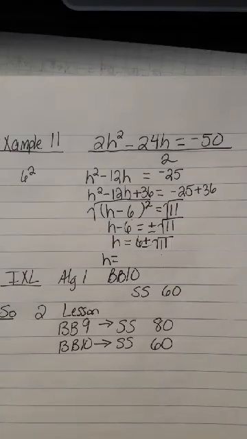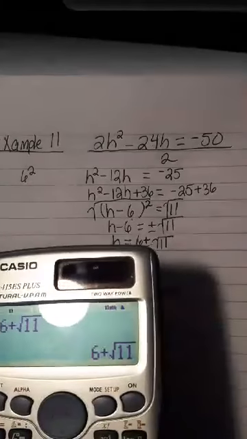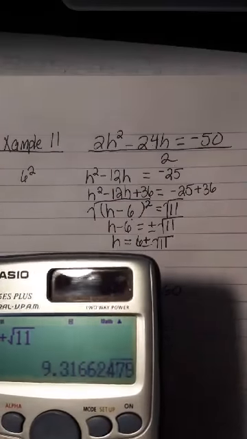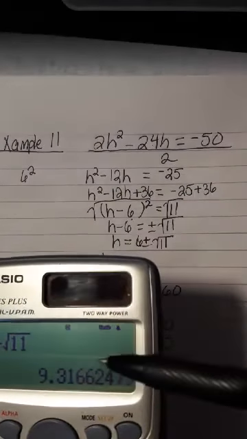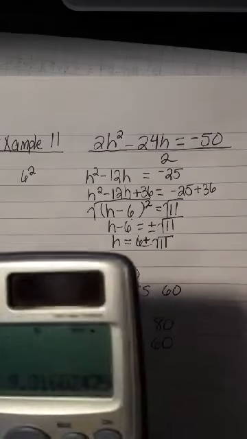And 6 plus the square root of 11. Use your SD key. And that's going to be 9.32.